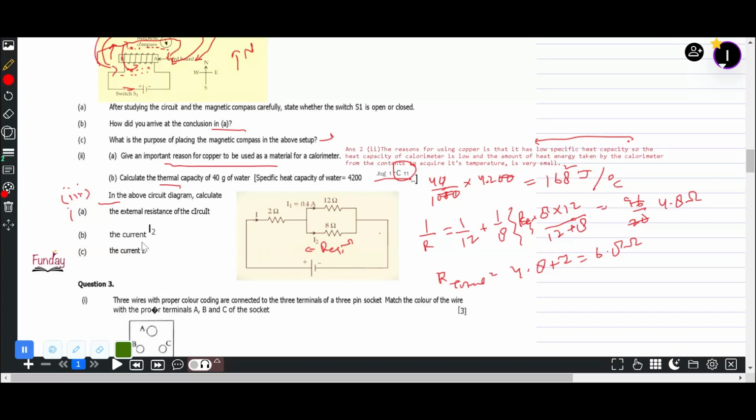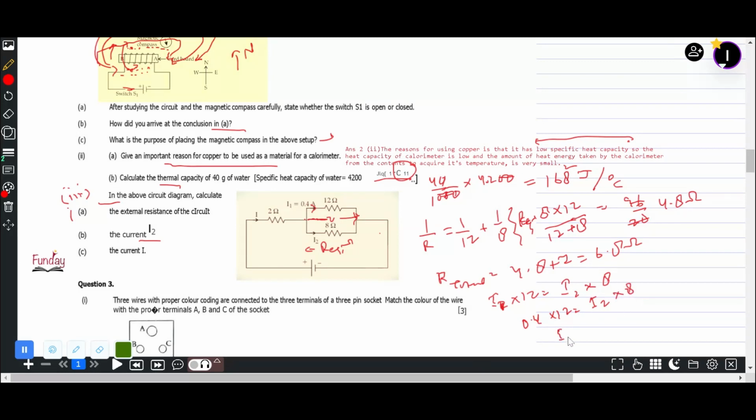Now what we have to find is the current I2. Whether this is current I1 or I2, the potential difference will be the same across the circuit. So this V will be the same for the 12 ohm and the 8 ohm. That means I1 into 12 will be equal to I2 into 8, and we have I1 given as 0.4. So 0.4 into 12 is equal to I2 into 8.